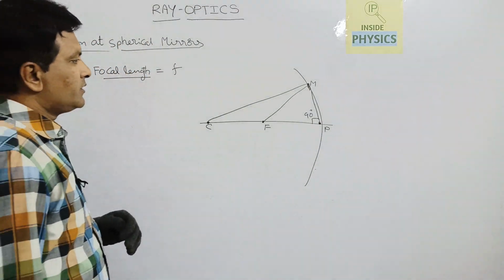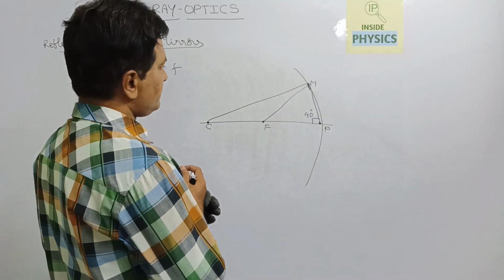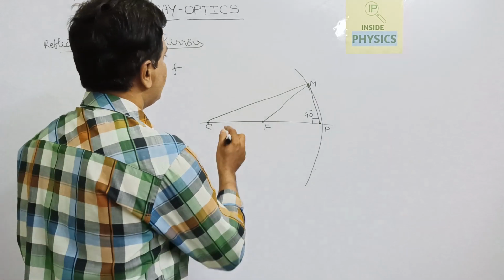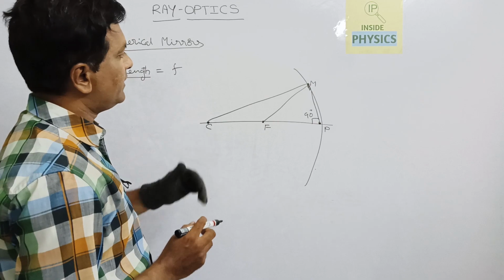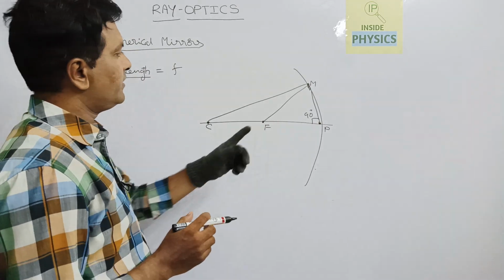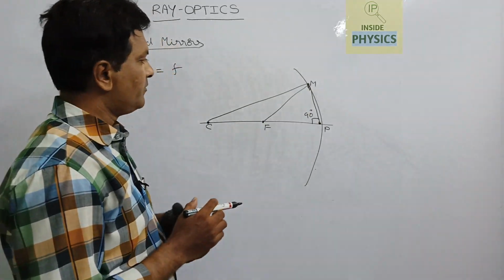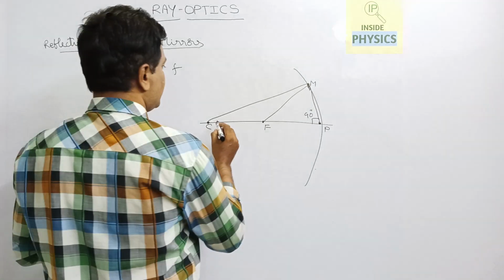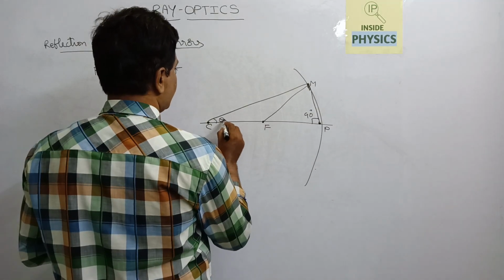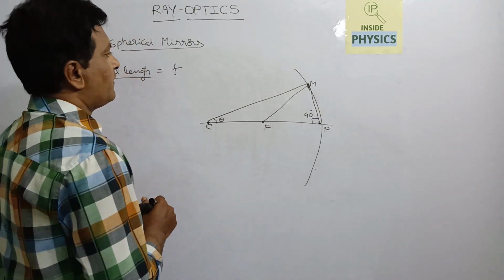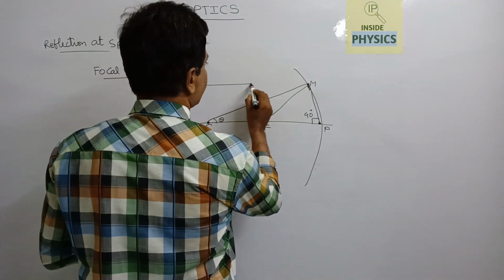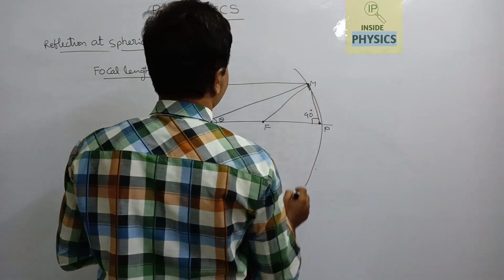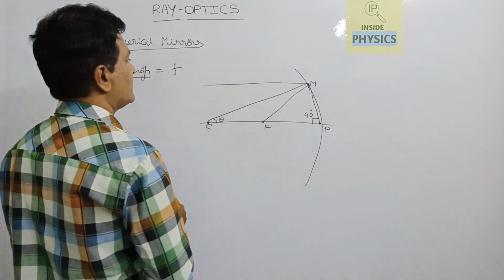If you put an object here, the light rays will be incident on the spherical mirror. Consider this angle as theta, with the light ray coming from an object parallel to the principal axis.